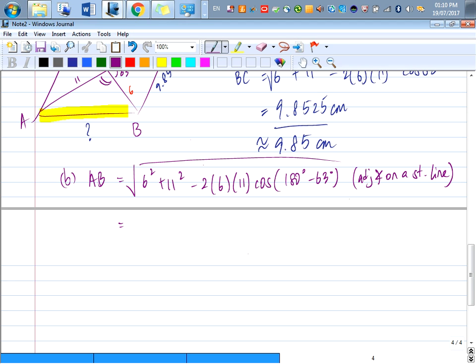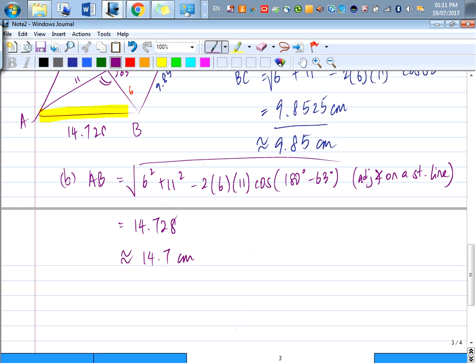Okay, so moving on. What did y'all get for value of AB? 14.728. So 5 SF enough already, huh? So 14.7 cm. Then last part, find angle ABC.